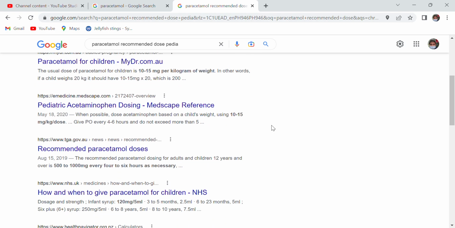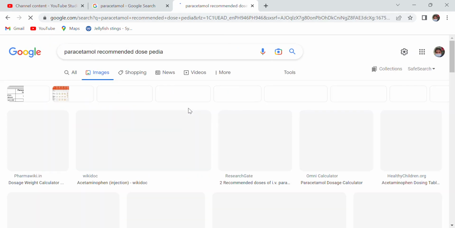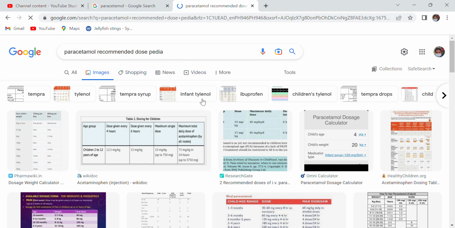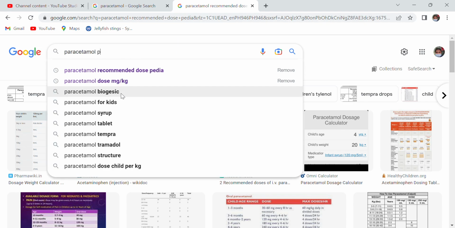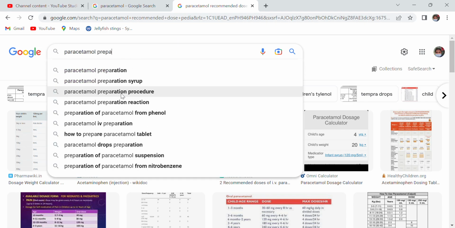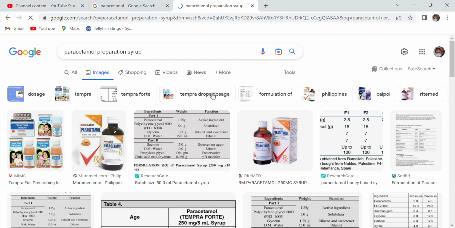Let us try to go to the images, because you want to buy paracetamol, the preparations of paracetamol. Your kid is 10 kilograms or 15 kilograms.